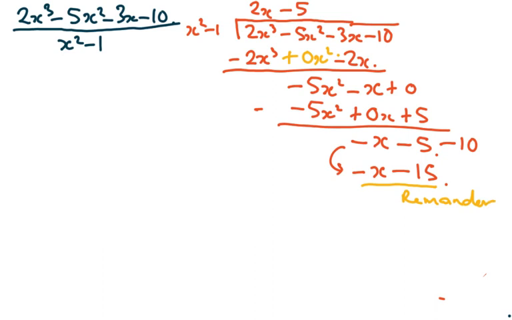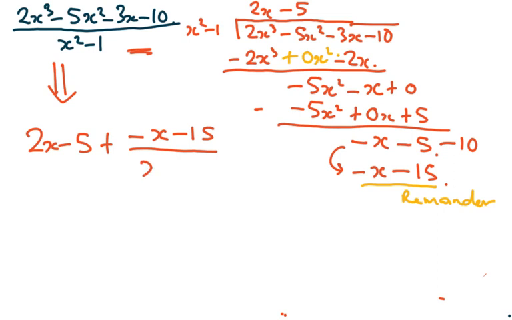Now this is a top heavy polynomial, and I'm going to rewrite it as a mixed polynomial. So you have 2x minus 5 plus your remainder, negative x minus 15 over x squared minus 1.